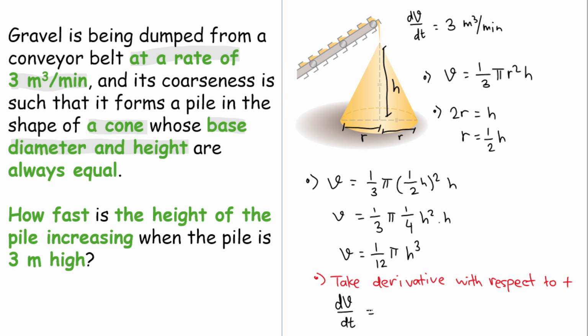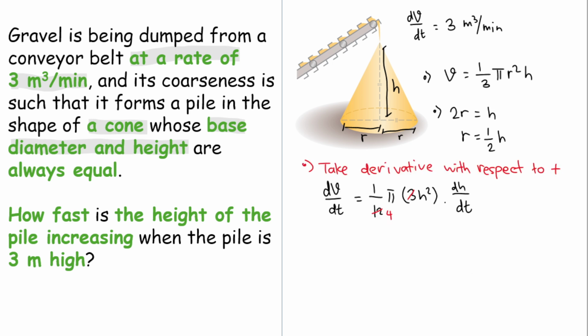And on the right hand side, I can use the power rule to differentiate this. So we'll have 1/12 pi multiplied by 3h squared. But that is the derivative of V with respect to h. To get dV/dt, we multiply this by dh/dt. Right? And 3 and 12 will cancel into 4. Okay, maybe let's clean this up and let's continue in another slide.